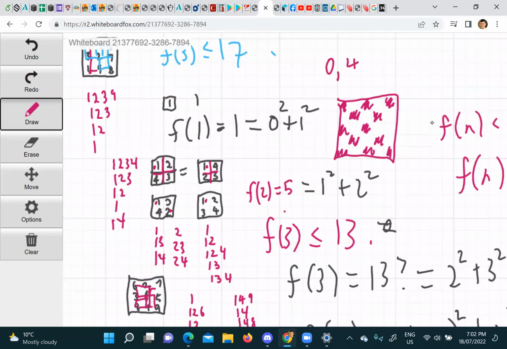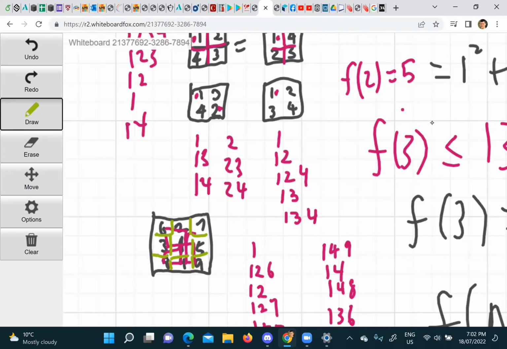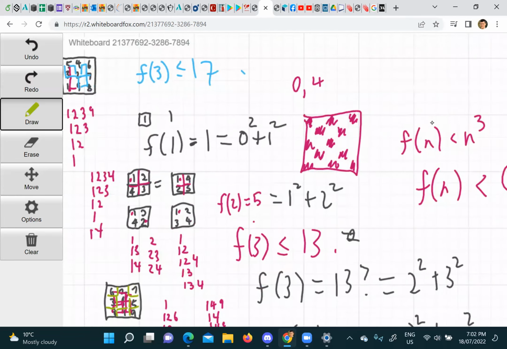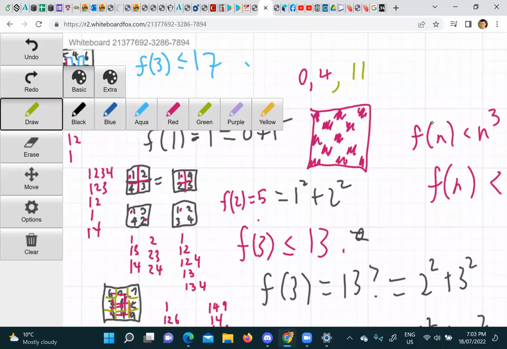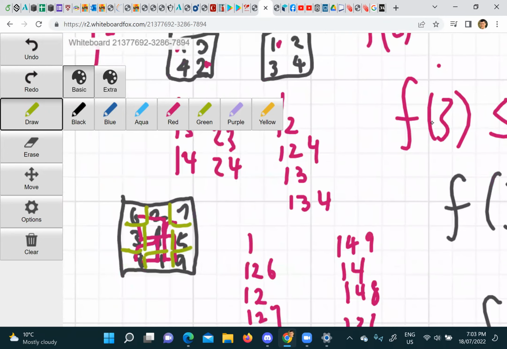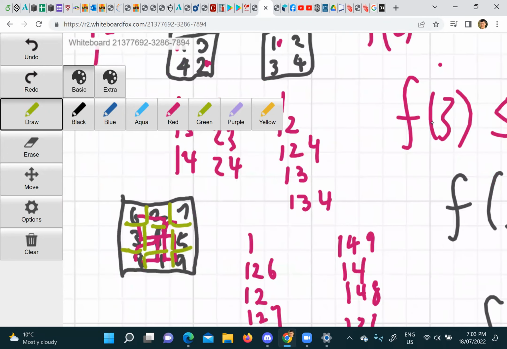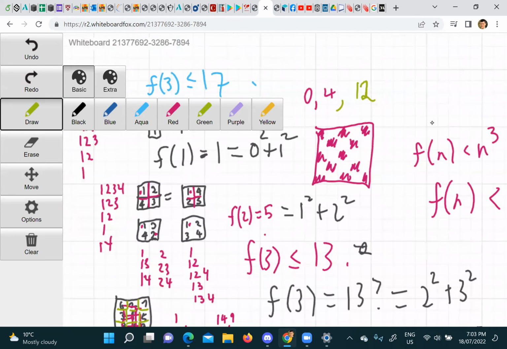If you count 3 by 3 edges, there's 1, 2, 3, 4, 5, 6, 7, 8, 9, 10, 11, yeah? Did I miss one? I missed this one, yeah? It's 12, yeah? Good, he's paying attention. I like this. 12 edges, yeah?